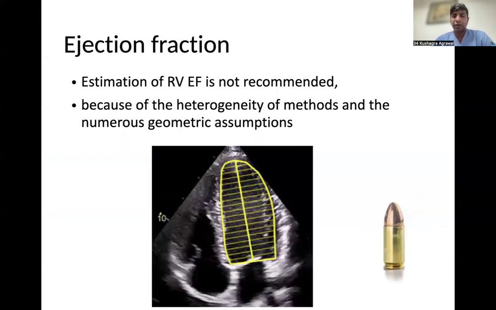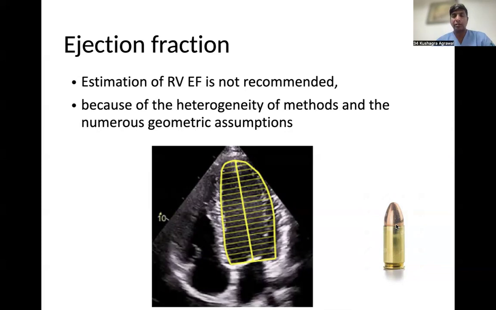Most of the time, we look for ejection fraction when we see the left ventricular contractility. But in case of right ventricular contractility, we cannot measure ejection fraction because LVEF is based upon certain assumptions, like LV is an elliptical structure, just like a bullet.